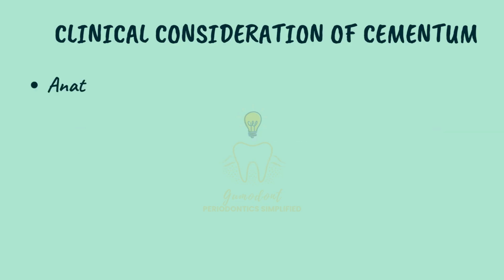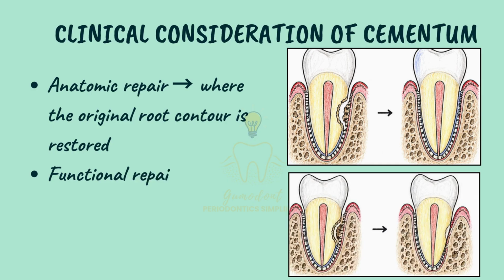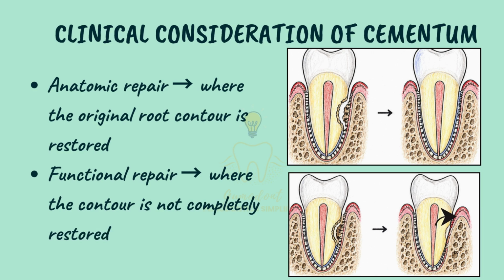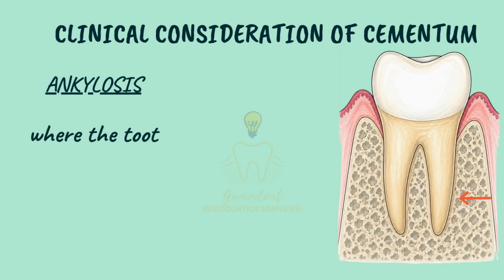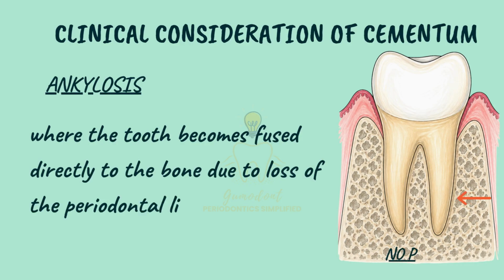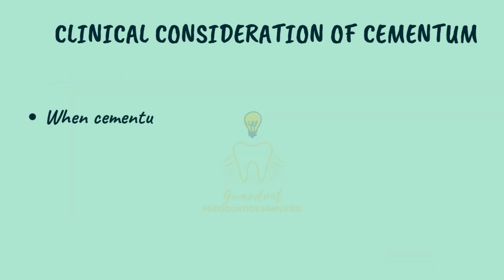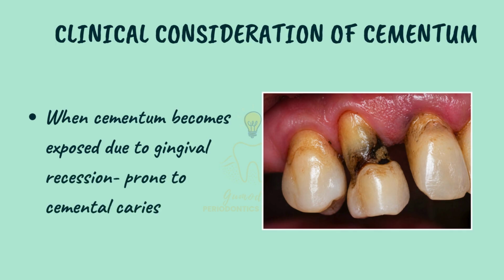This repair can be of two types: anatomic repair, where the original root contour is restored, and functional repair, where the contour is not completely restored. Another important condition is ankylosis, where the tooth becomes fused directly to the bone due to loss of periodontal ligament. When cementum becomes exposed due to gingival recession, it can be affected by cemental caries.